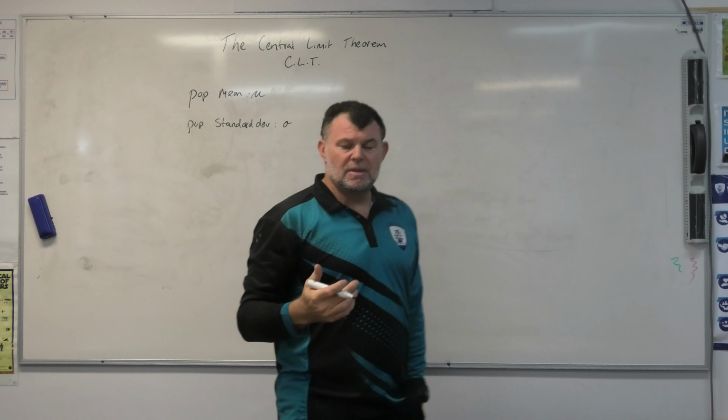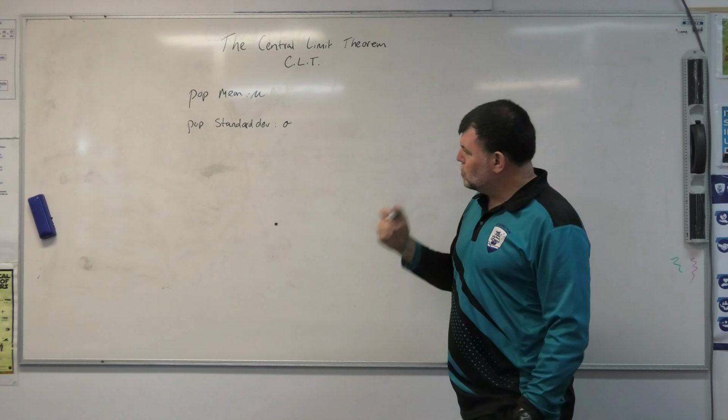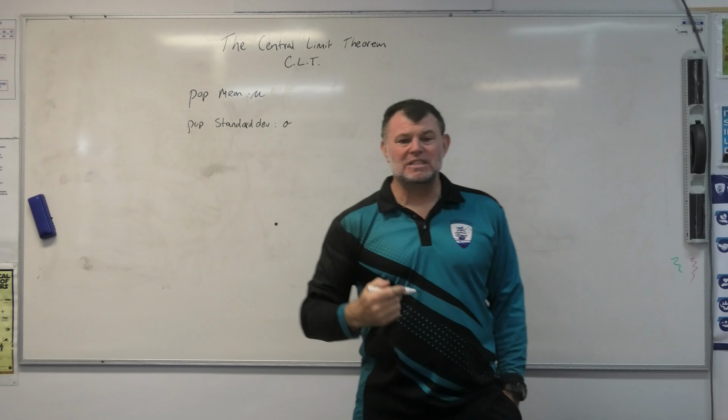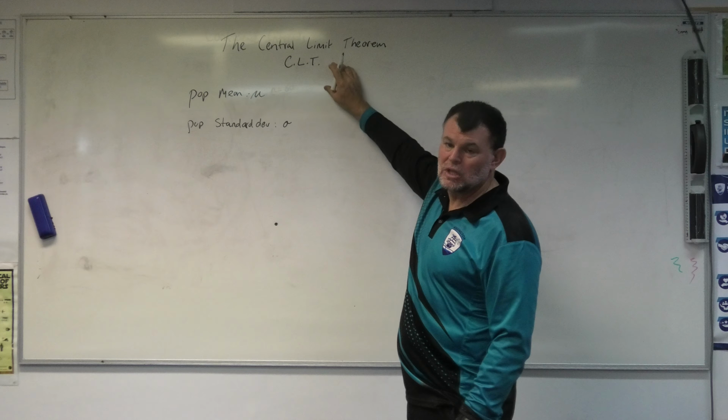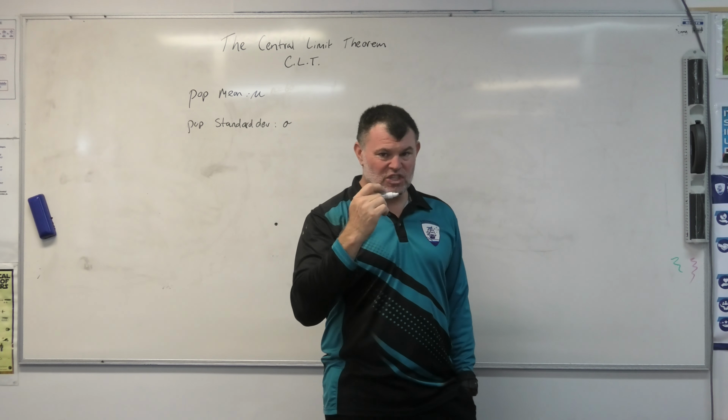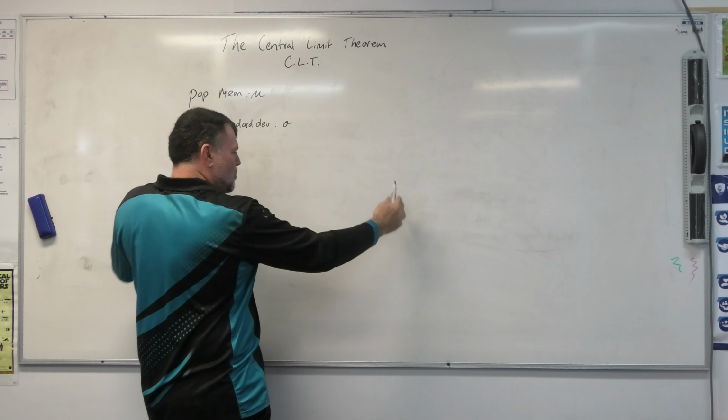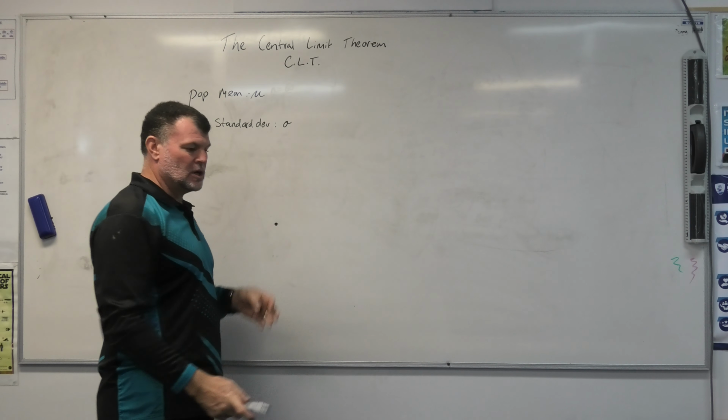We have a theorem that states that if our samples get sufficiently large, then we get what we call the central limit theorem, where we will get a distribution which becomes approximately normal as our sample size increases.